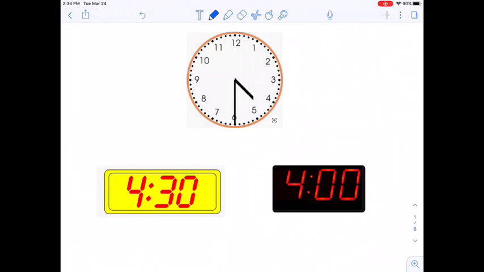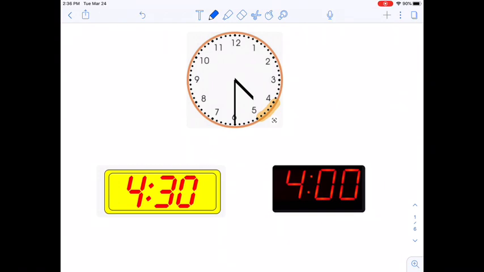So let's figure out what this clock says. We start by looking at the shorthand. Remember, the shorthand tells us how many hours have passed. So this shorthand is between 4 and 5. So we know that it's not 5 o'clock yet, but we know that it's after 4 o'clock. It's sometime past 4. And then we remember that we count by fives to figure out how many minutes have passed.